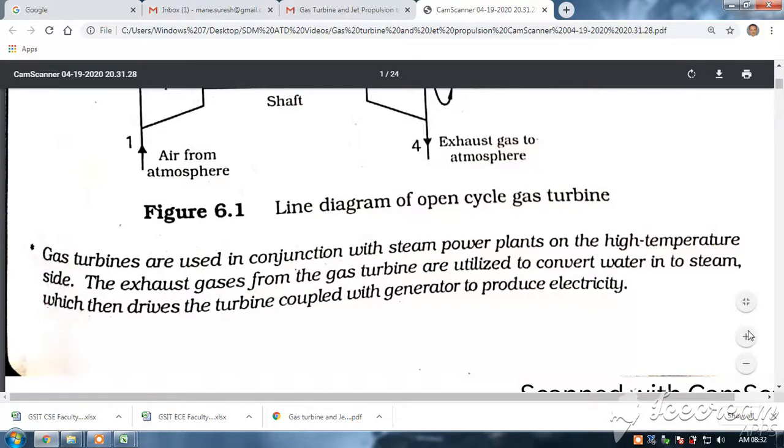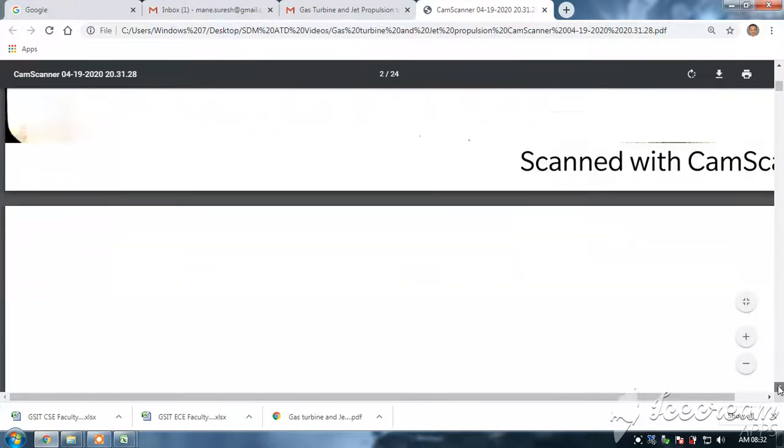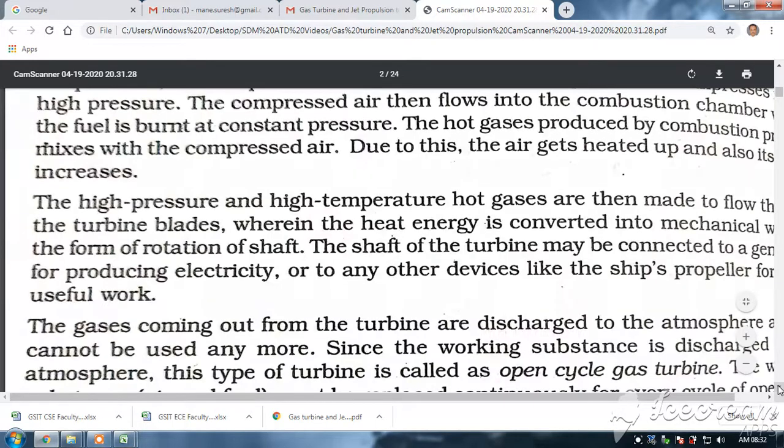This is enough. The exhaust gases from a gas turbine are utilized to convert water into steam, which drives the turbine supplied to the generator to produce electricity. This is the combined cycle gas power plant.